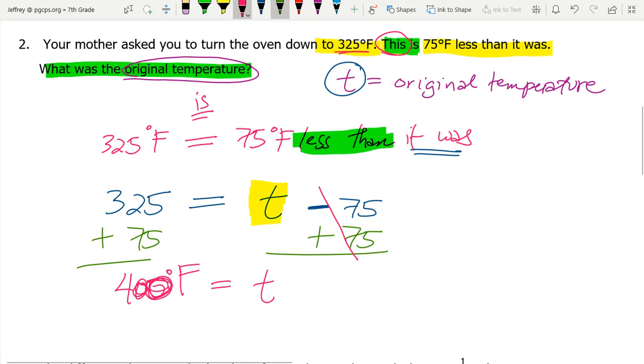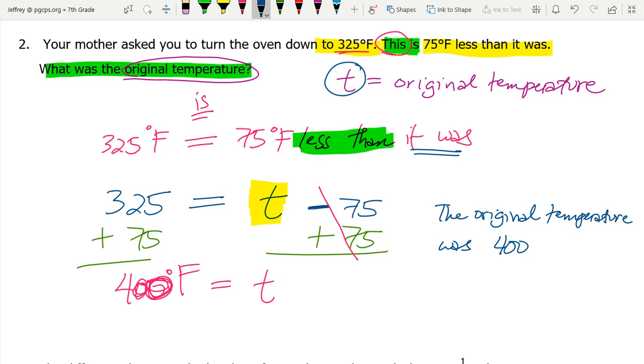So our answer is the original temperature was 400 degrees Fahrenheit. Remember, we're doing two things. We are writing the equation down. This is the writing part. And we are also solving the equation. So you're doing two things, writing the equation and solving the equation.